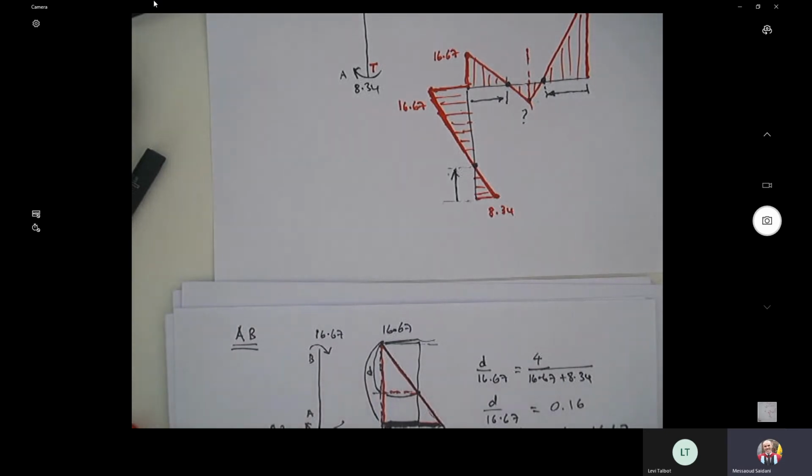Was that your method? No. Okay. So what I did was add up 16.67 and 8.34, then divide 8.34 by that, and you get the percentage going up from the bottom, which was 0. You're doing the same, but from the bottom. It's exactly the same. You're still doing similar triangles from the bottom.